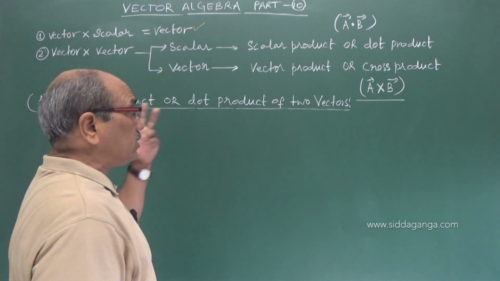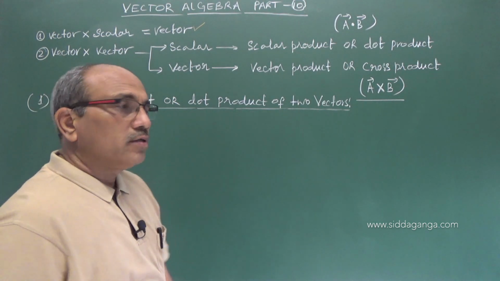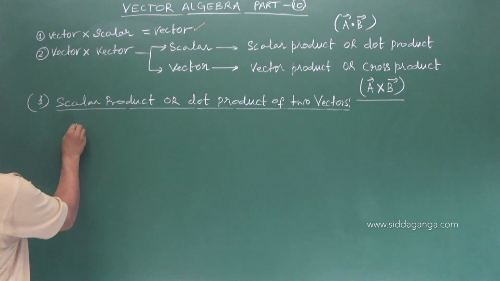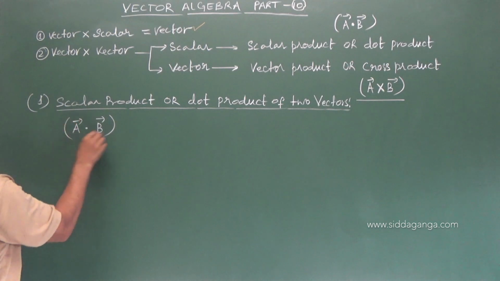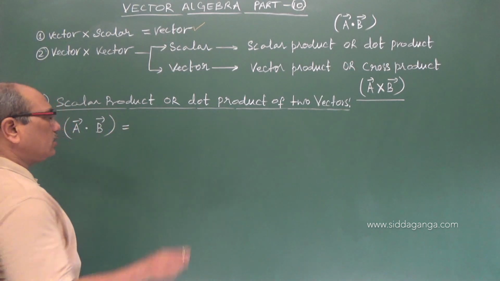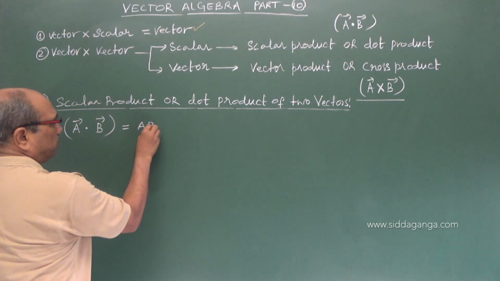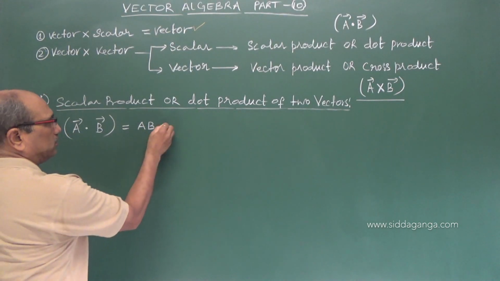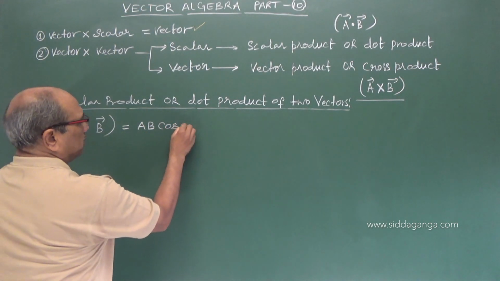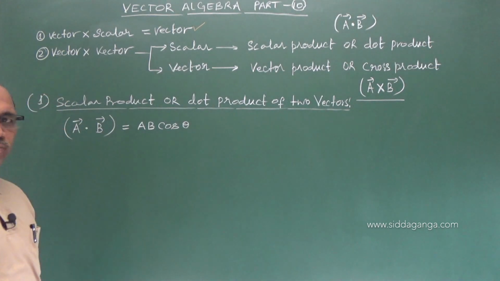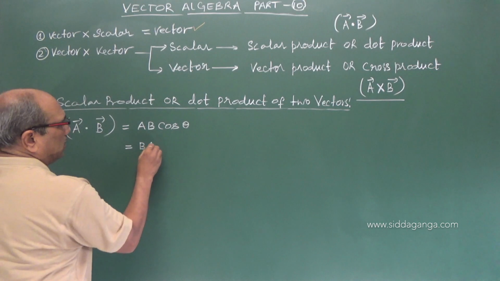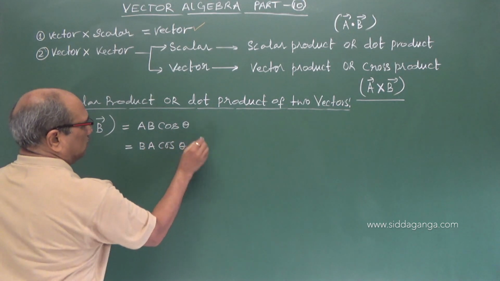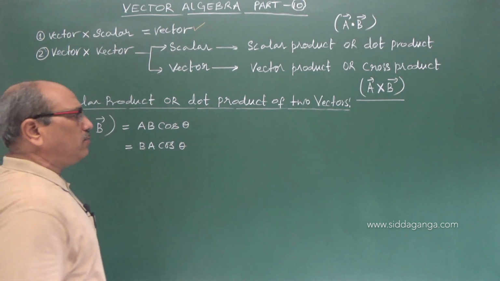By definition itself it is more clear. When I multiply a vector with another vector, it can be written as the product of the magnitudes of the two vectors into the cosine of the angle between the two. I can write it even as BA cos theta, where theta is the angle between the two.